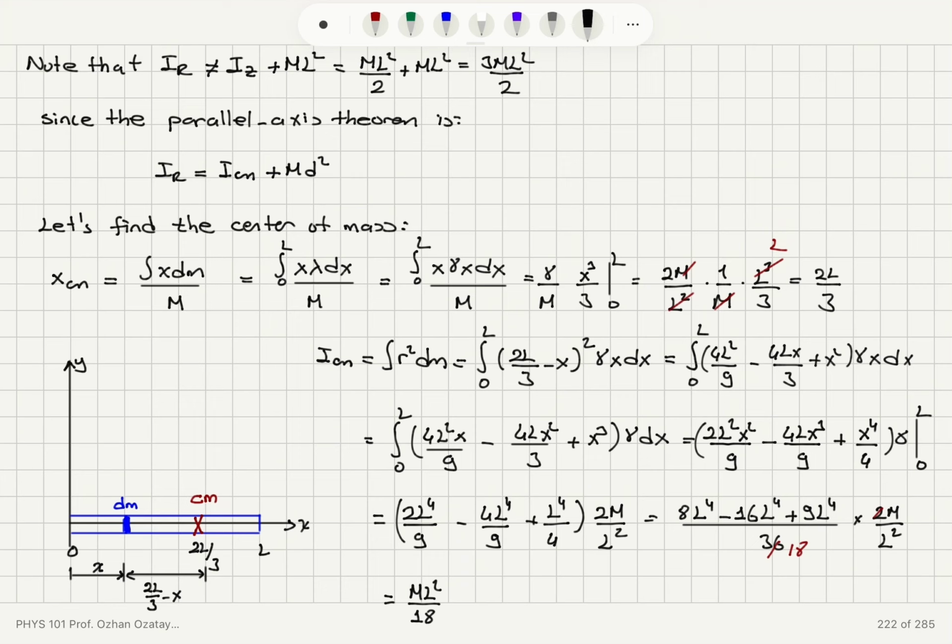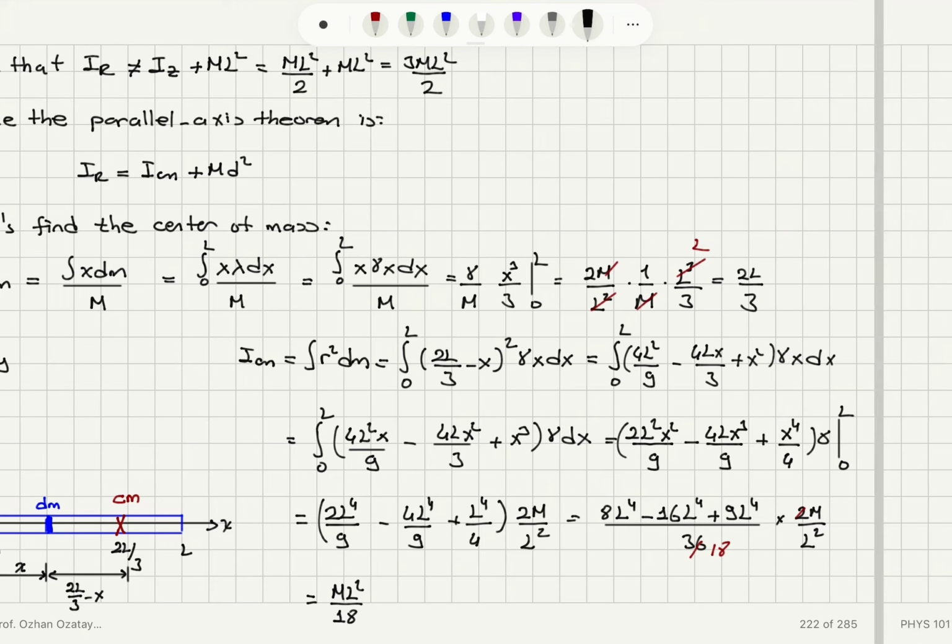So that's the moment of inertia with respect to the center of mass. Now you can see that the distance between the center of mass and the right-hand side is 2L over 3 and L, it's L over 3. So I can calculate the moment of inertia using the parallel axis theorem.